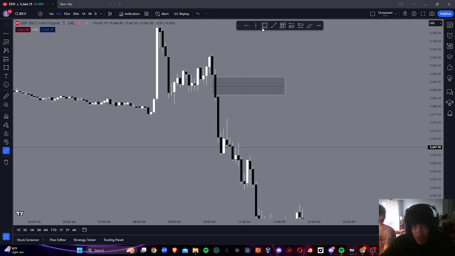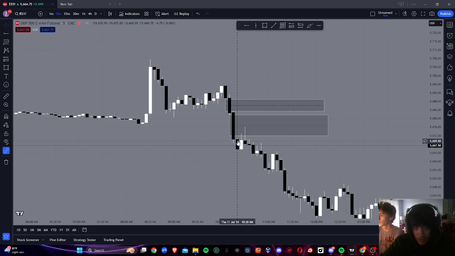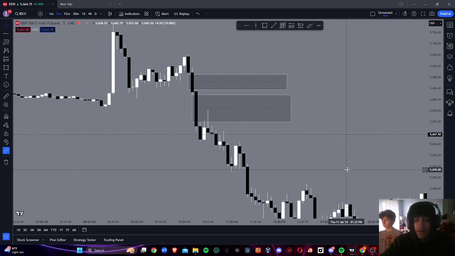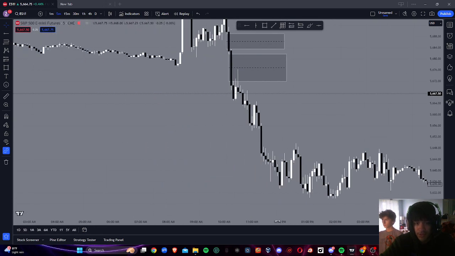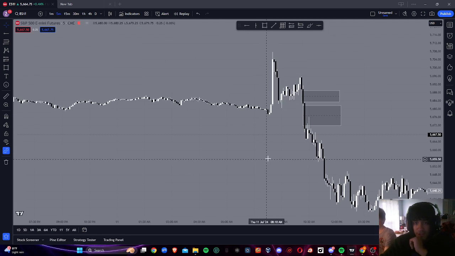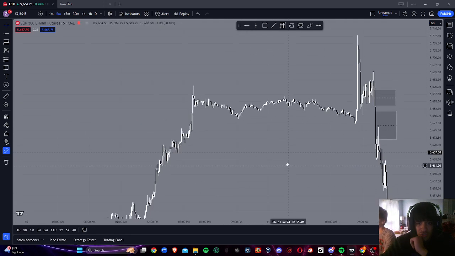One, two, three. We make a bearish fair value gap right here, a bearish imbalance. And what happens here? Price consolidates a little bit, comes up in here, fills in more sell orders, and then price just continues to the downside. That's all it is. Super, super simple.